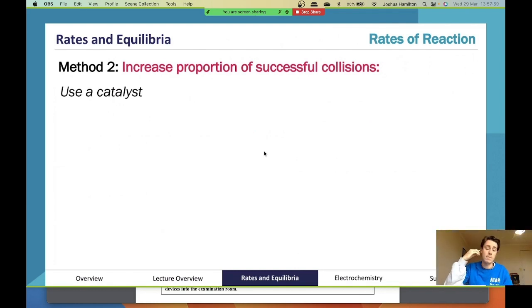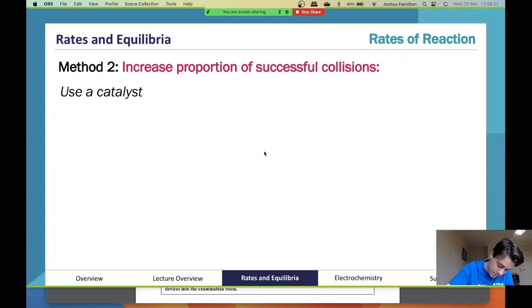Then we have method 2, which is where we increase the proportion of successful collisions, and how we do that is we use a catalyst. So the first one was increasing the proportion by increasing the energy of everything. This one is by not increasing the energy of anything. It's reducing the actual amount of energy that we need.